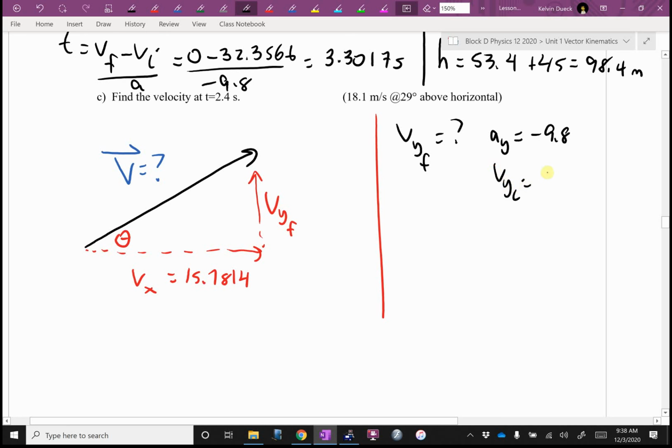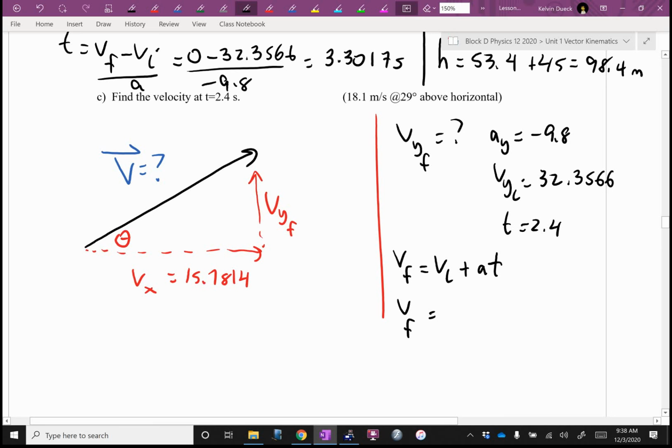Vy initial was 32.3566, and t is 2.4. I'm going to use Vf equals Vi plus at, putting all verticals in there except time, which is a scalar. I should get a positive answer this time because I think I'm on my way up.